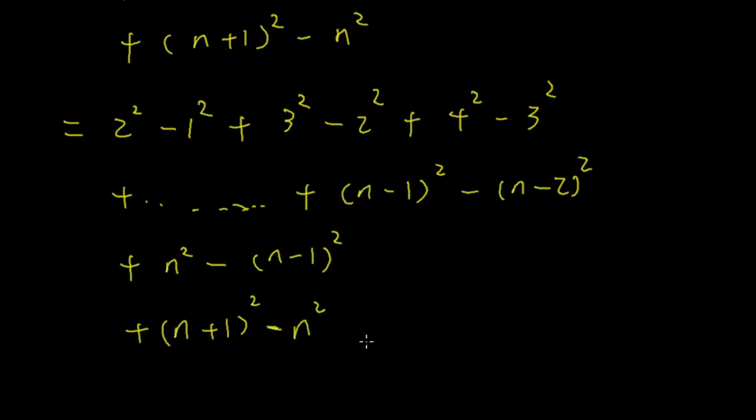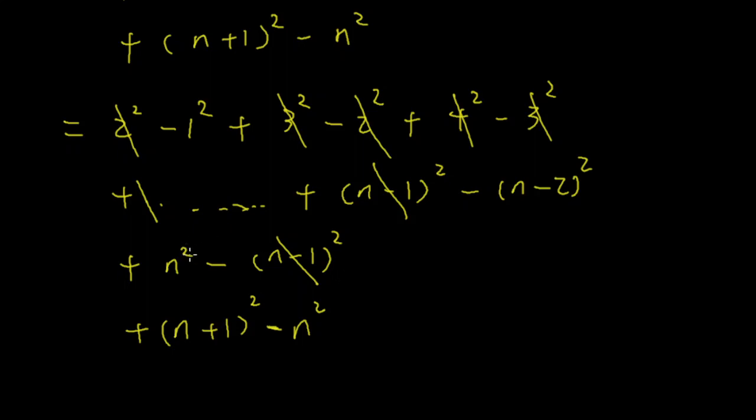Okay, so now notice that in this series, you can cancel 2 squared with 2 squared, because it's plus 2 squared here and minus 2 squared here. So that cancels out. Plus 3 squared minus 3 squared cancels out. Based on this pattern, the 4 squared here will cancel out with the 4 squared somewhere. Close to the end, everything would cancel out in the middle. Over here, you can see that this plus (n minus 1) squared will cancel out with this minus (n minus 1) squared.